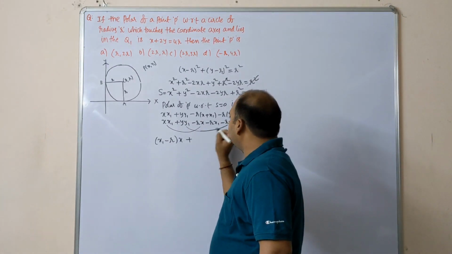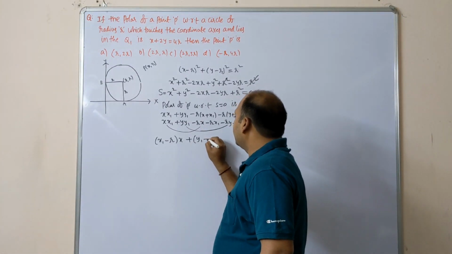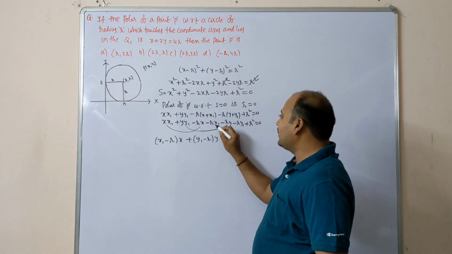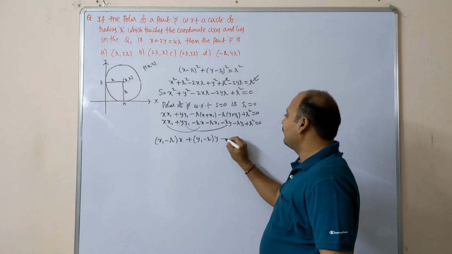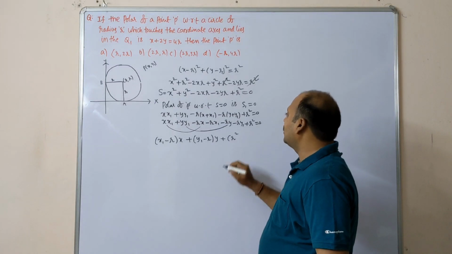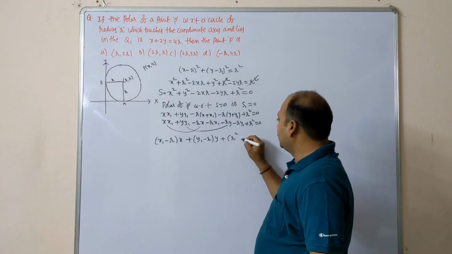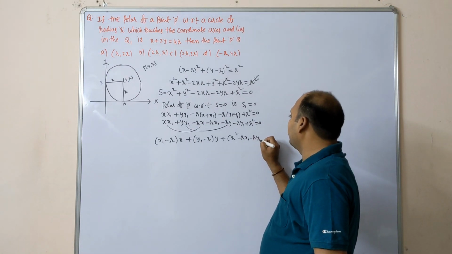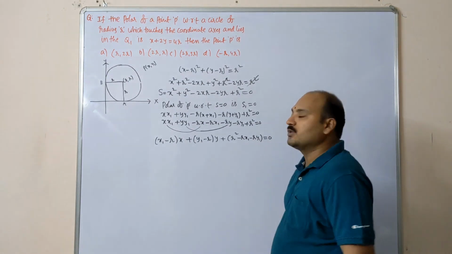Next from these two, y1 minus r into y. The rest of the terms are there, minus rx1 minus ry1 plus r square. So you can write it as r square minus rx1 minus ry1 is equal to 0.